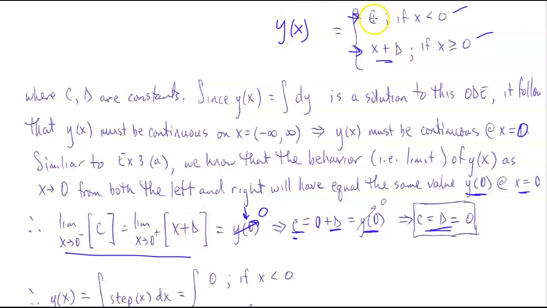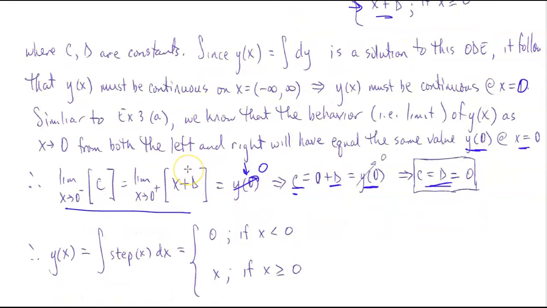So if I plug this in, this will be 0 here, and x plus 0 is just x. So we see that our solution to this first order directly integrable equation will just be this particular piecewise function, which is indeed just the antiderivative of the step function itself.